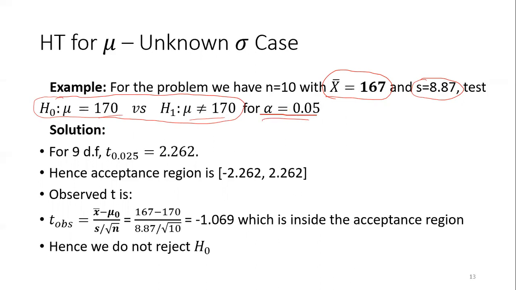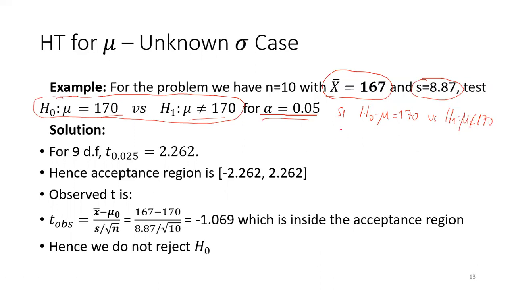So you can make this a 5-step procedure. Step one: H0 is mu equal to 170 versus H1, which is mu not equal to 170.